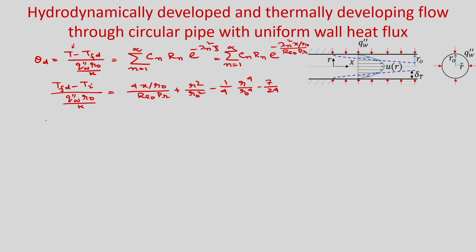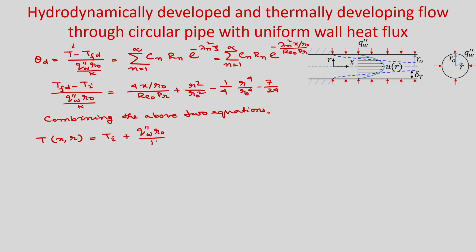So, that means combining the above two equations, you will get T, which is a function of x and r, which we are interested to find, equal to T_i plus q double prime w r naught by k into 4x by r naught Re_D Prandtl number plus r squared by r naught squared minus 1 by 4 r to the power 4 by r naught to the power 4 minus 7 by 24.